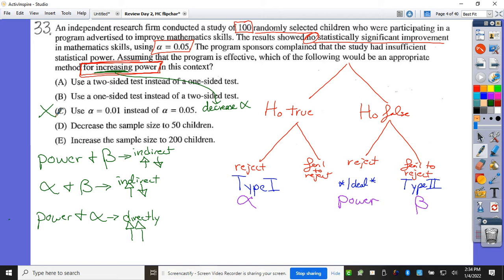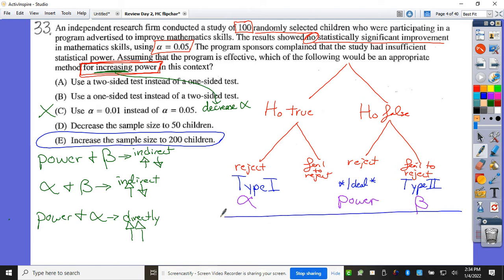If you're increasing power, you're making your results better, what's the easiest way to increase power? Increase your sample size. And that's always something that you can do.